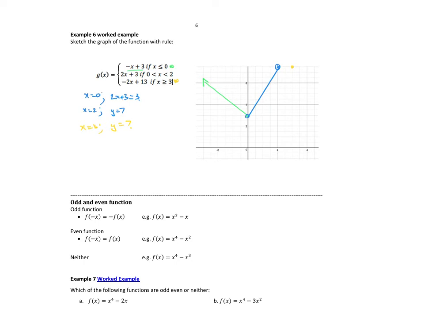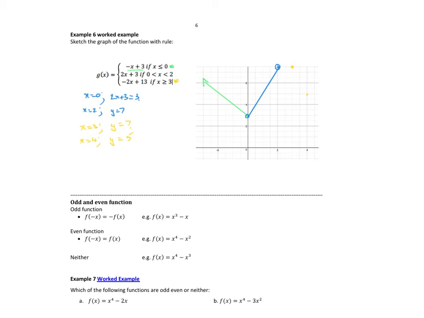Negative gradient. I might just pick a point, so if I put x equal to 4, y equals negative 8 plus 3. What's that? Negative 5. So it goes through the point (4, negative 5), which is about there. So it just gives me an idea of the slope of the line that I need to draw.